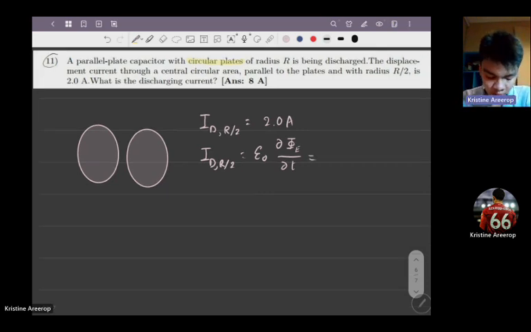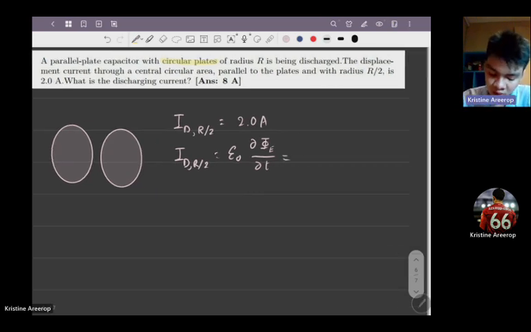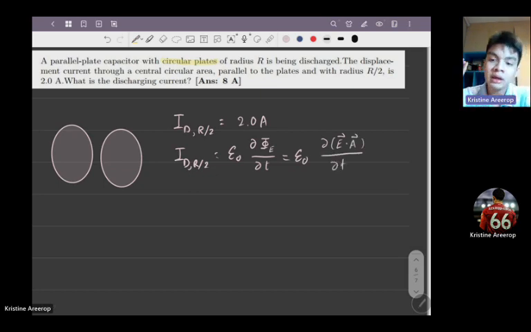Sorry, partial d phi E by dt. It is the same as the previous question: phi E equals E dot A. The direction of E and A is the same as in the previous question too. They are parallel, then theta is equal to 0 degree, then cos theta equals 1.